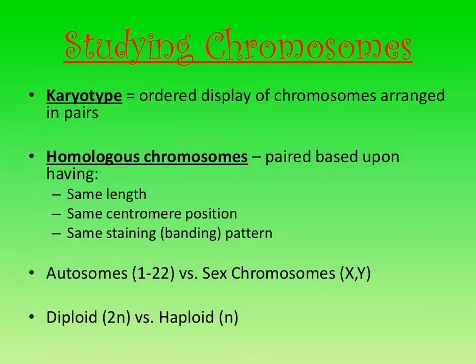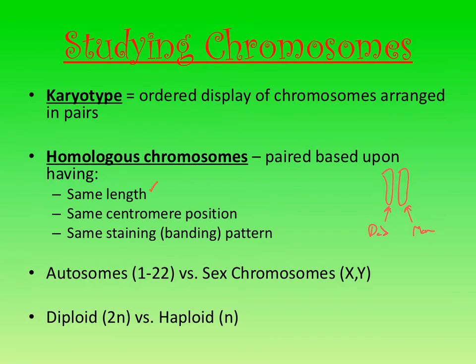Now, from this, it's very easy to see homologous chromosomes. Homologous chromosomes are each pair of very similar chromosomes. Essentially, if you have a homologous pair, one of those came from your mom and one of those came from your dad.